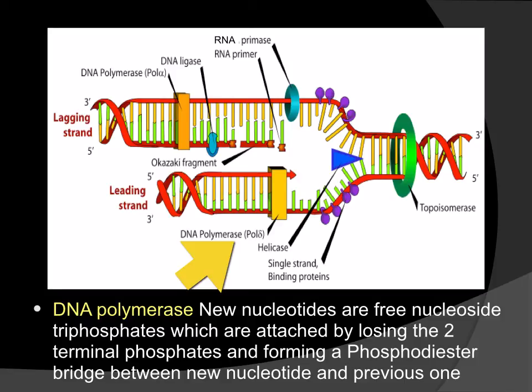DNA polymerase is involved in new nucleotides being added, and these new nucleotides are free nucleoside triphosphates, which are attached by losing the two terminal phosphates and forming a phosphodiester bridge between new nucleotide and the previous one.